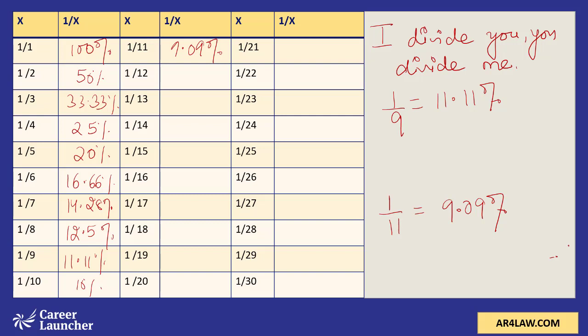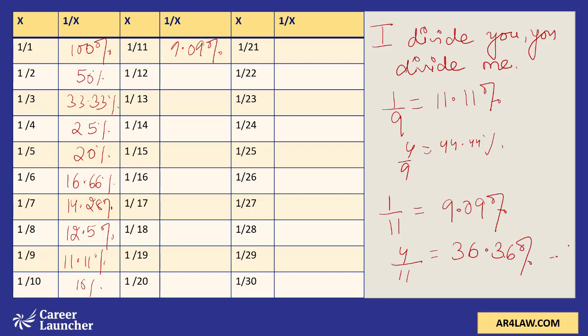Calculating any subtraction of these two numbers is extremely easy because with 9, when I'm calculating subtractions of 9, the entire table of 11 will be reproduced, and when I'm calculating subtractions of 11, I would see nothing but the table of 9 here. So if I say 4 by 9, that's gonna be 44.44%. If I say 4 by 11, that's gonna be 36.36%.